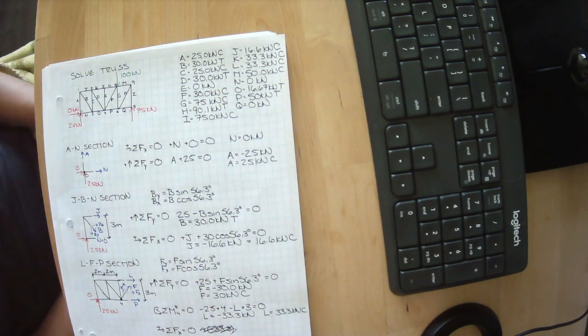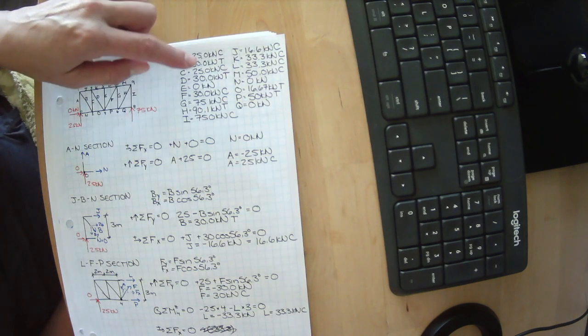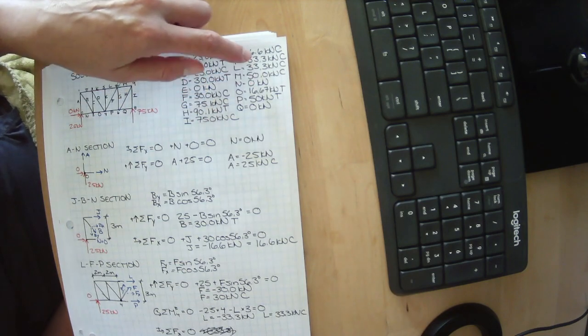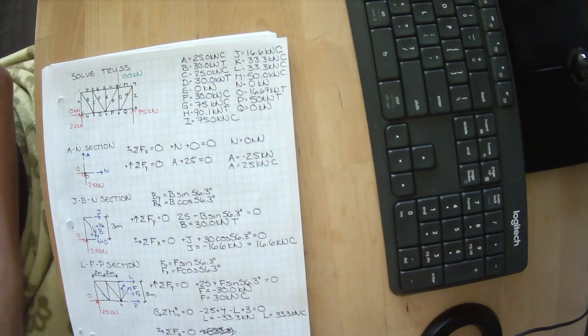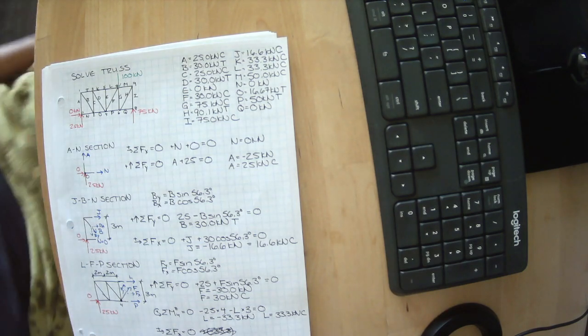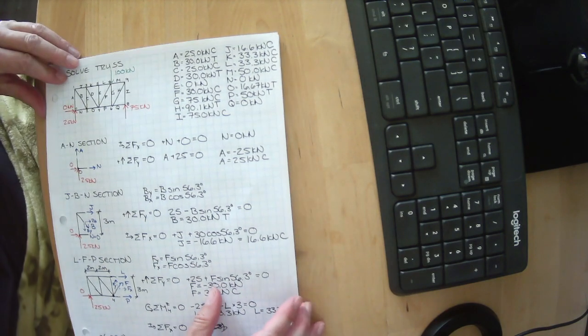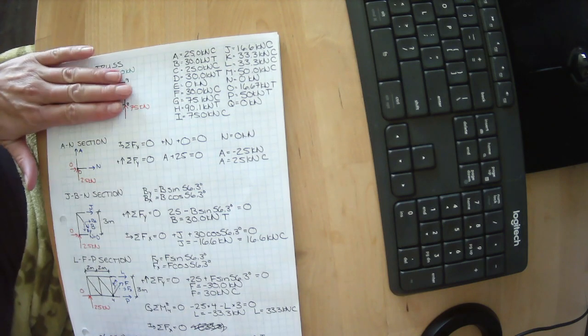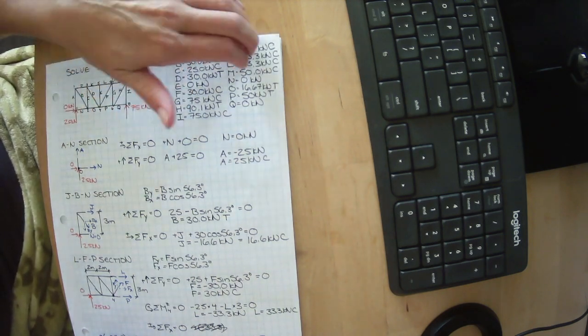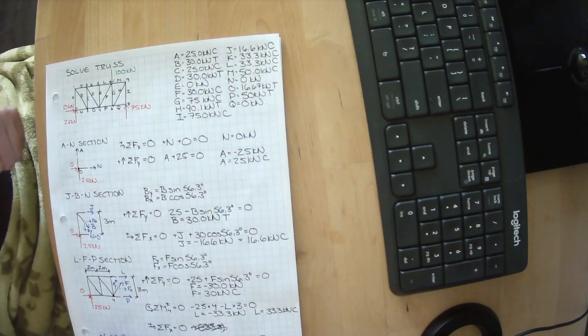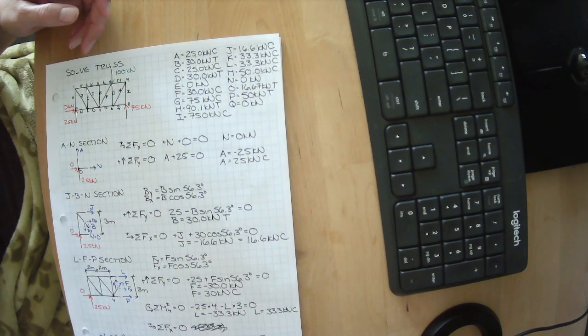If this 100 kilonewtons was a factored load, we now know all of the internal factored axial loads in this truss. If we wanted to make sure that we met life safety requirements, we know that our reduced capacity of whatever these members are has to be greater than all of these internal factored loads. It looks like we finally have something to check against.